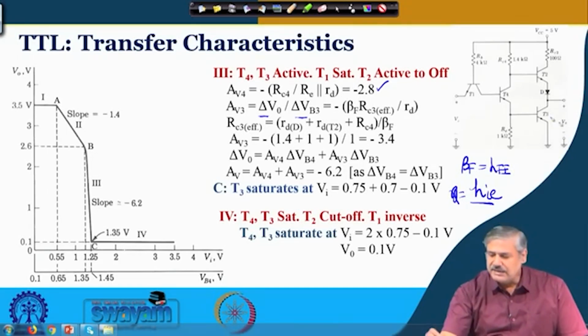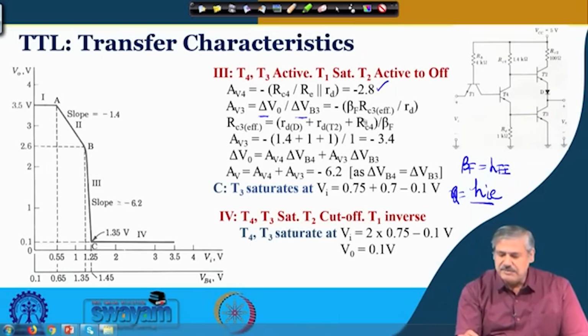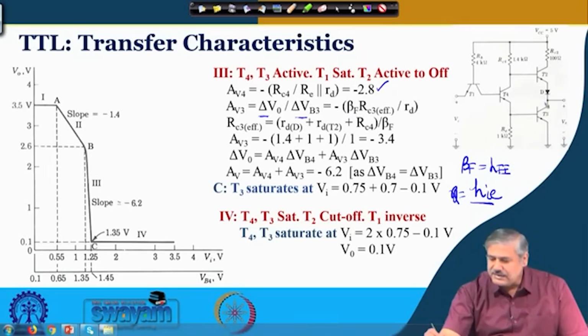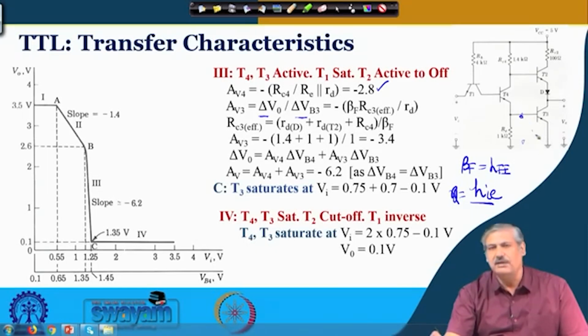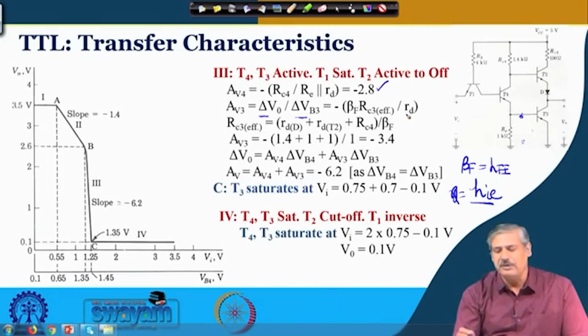So, at that time what is happening? This beta forward and the collector resistance for this particular transistor and the base emitter resistance that is there, which is HIE or RD over here, the way we have represented it. Clear? So, this is the AB3.